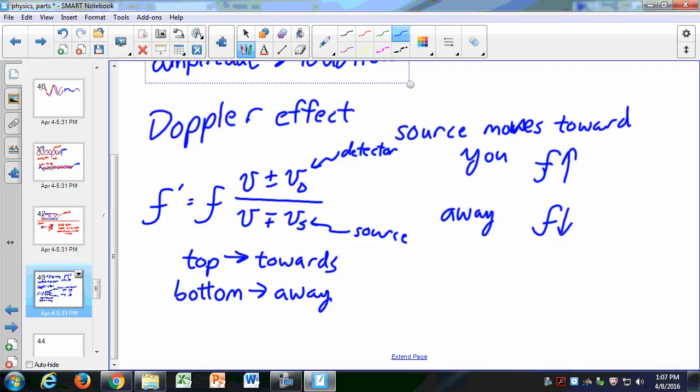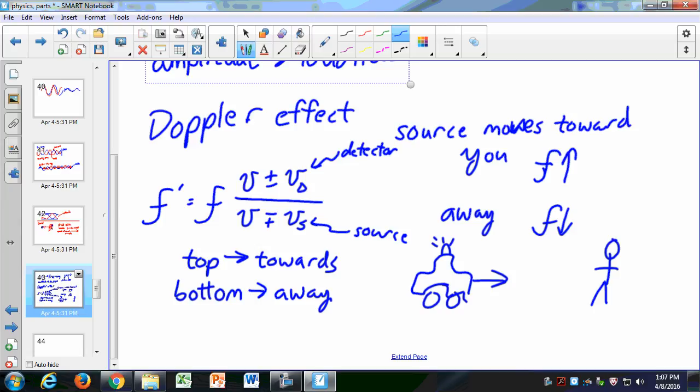So for example, if here's your police car traveling in this direction and you're standing over here, that's going to be towards you, and so you would take the top sign. You would have plus here, and then you would also have minus here. Okay? However, that's a little bit confusing.